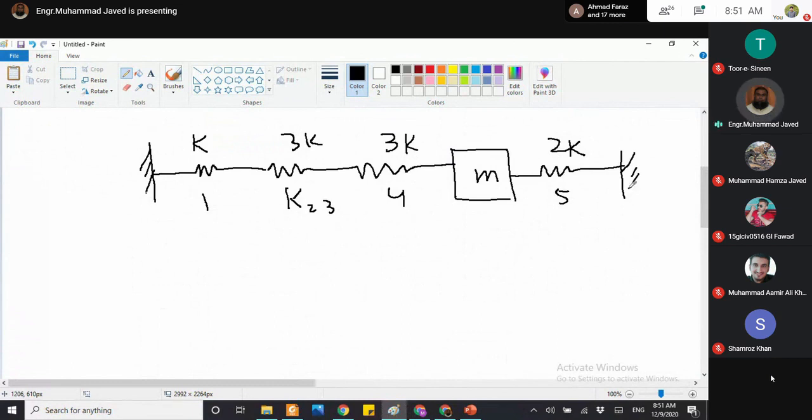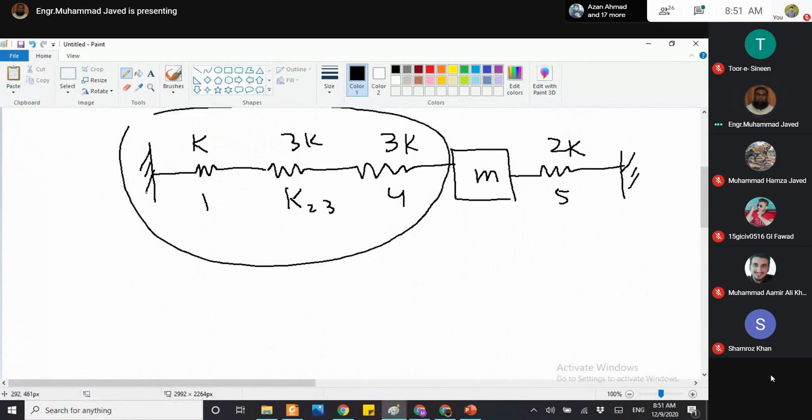Now if you consider these springs and you apply a force at the end of spring number 4, that will be distributed among all the springs.